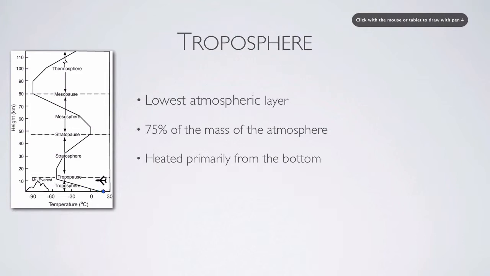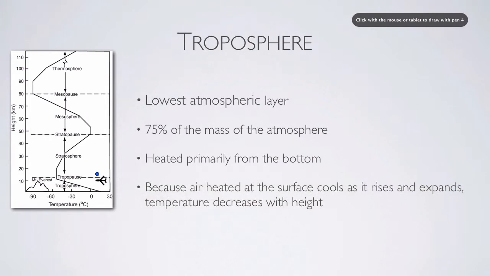And so a lot of that heating is at the surface. And the further up you go, the more energy release there is, but also the colder and colder it gets. Because air heated at the surface cools as it rises and expands, the temperature decreases with height. And so that expansion of air itself absorbs heat and generates a cooling of the air as it rises.